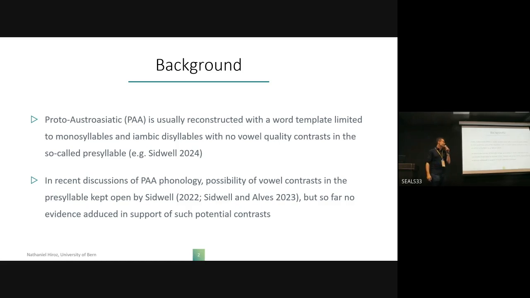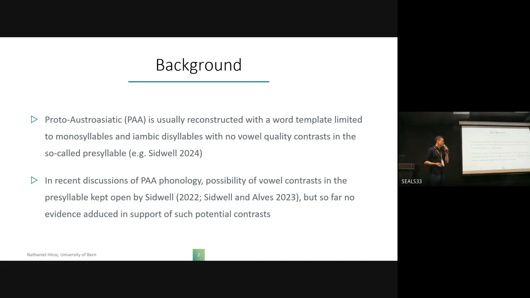But in recent discussions of Proto Austroasiatic phonology, the possibility of such vowel contrast was kept open by Paul, but so far no evidence has been adduced in support of such potential contrast.